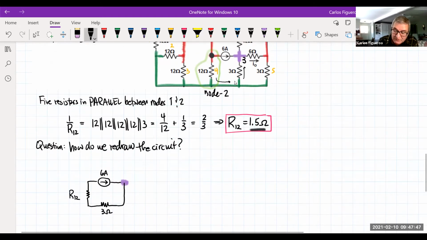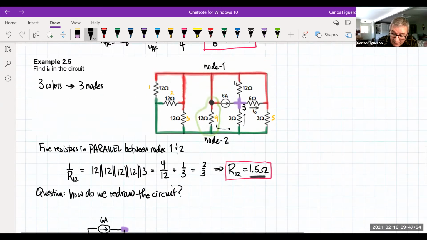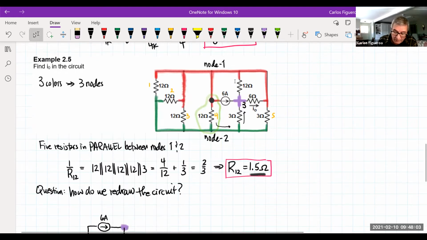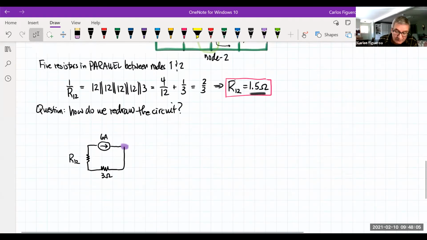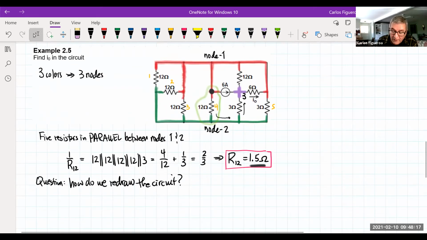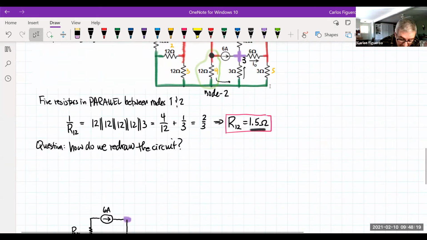The first thing I see is that the current source, the 12 and the 6 are in parallel. In other words, I should have done this a little bit differently. Let me bring this down a little bit. I think I have to address everything in parallel between 1 and 3 first.